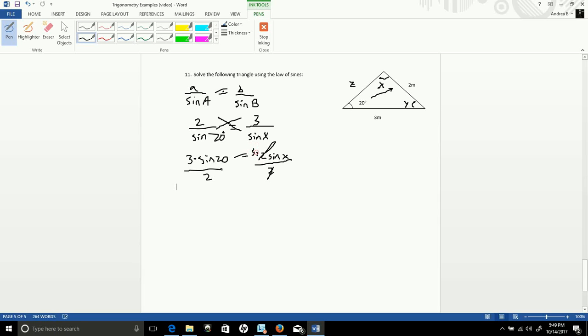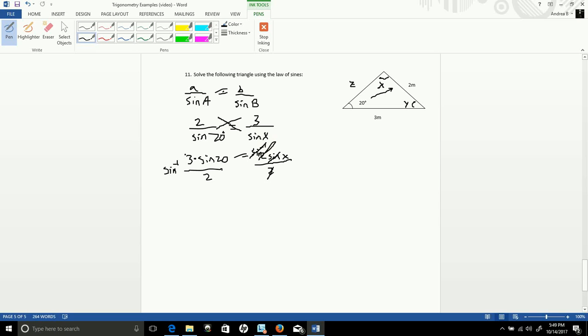So after we cancel out the 2, we need to do the inverse sine of both sides so that we have just the X rather than the sine of X. So here we have inverse sine both sides, once again inverse sine this time because we had a sine function there.